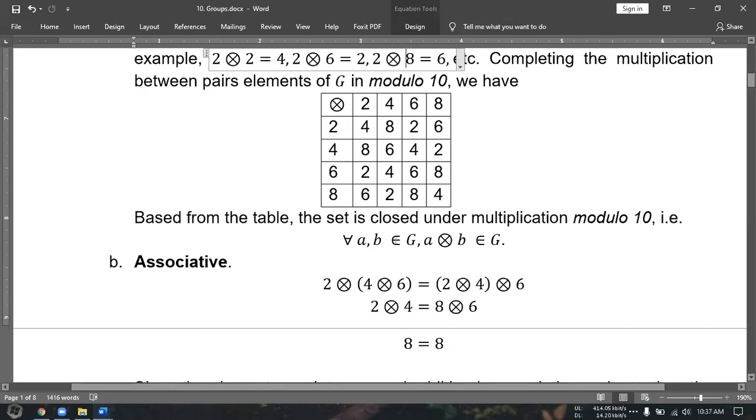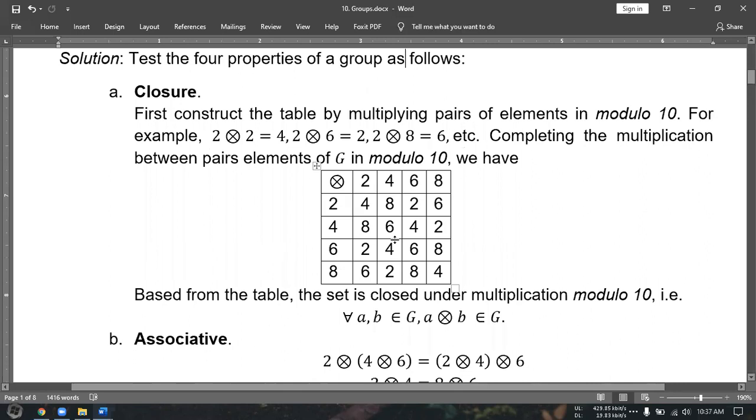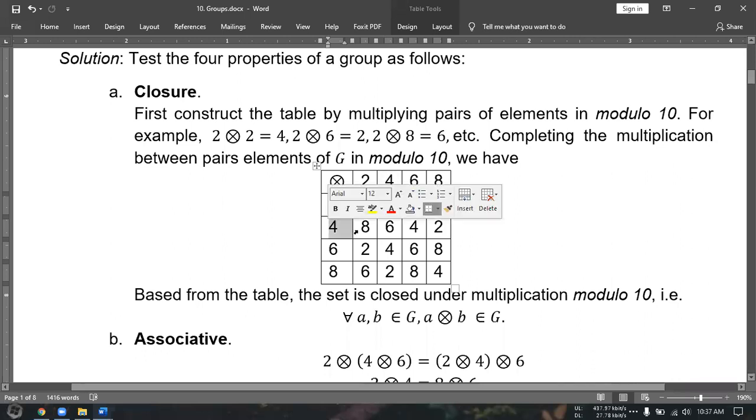So, test natin yung commutativity ng elements natin under multiplication modulo 10. 2 times 4 is 8. Is 4 times 2 8 then? Yes.